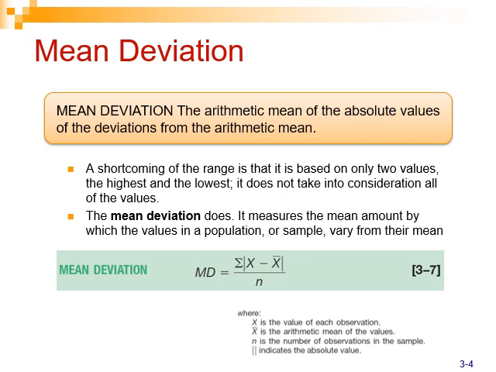Then we use this for calculating the mean deviation, which addresses a shortcoming of the range, which is based only on two values. Here we use all the values, not only two values like the range.